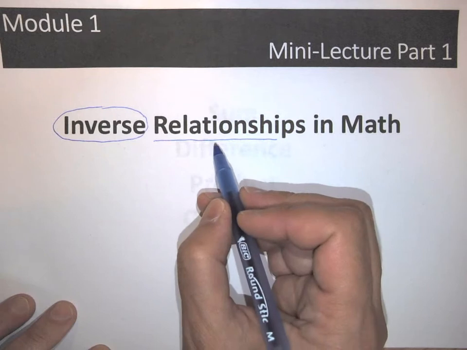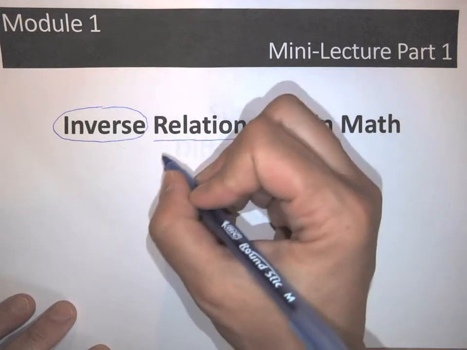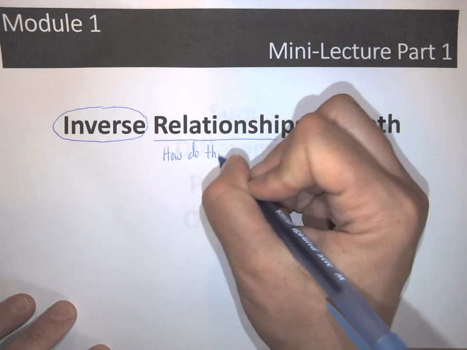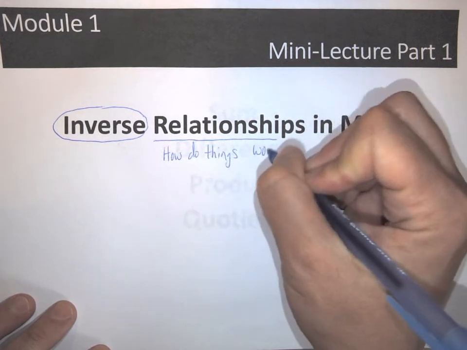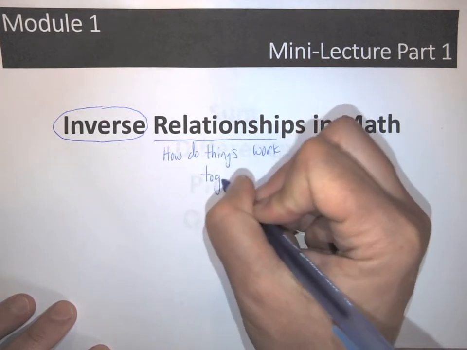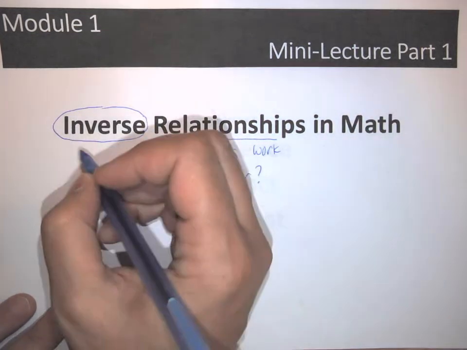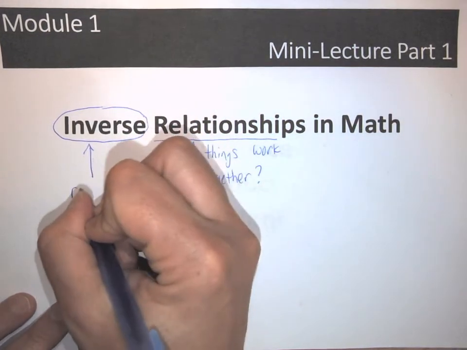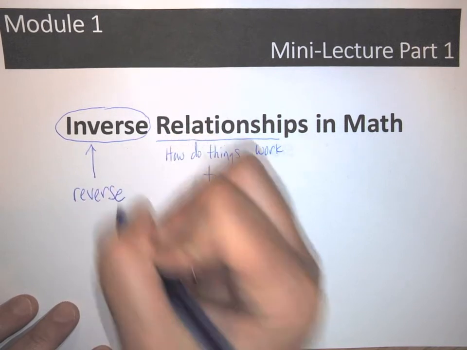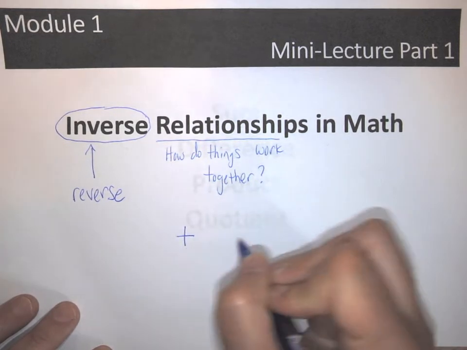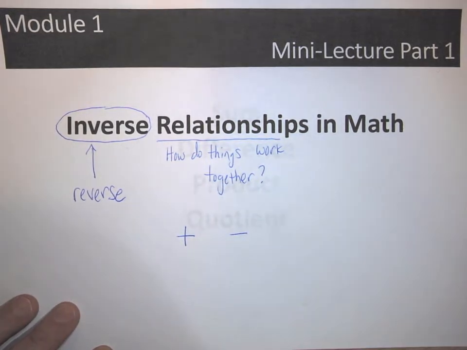And when we're talking about a relationship, we're really saying, how do things work together? And inverse is very close to the word reverse. And so a really good example of inverse relationships in math are addition and subtraction.